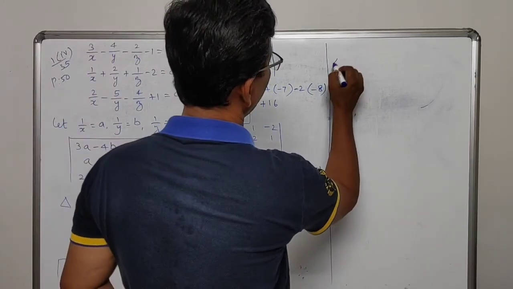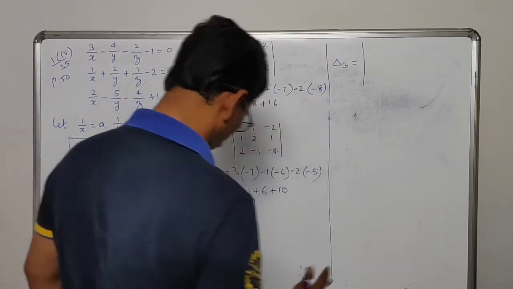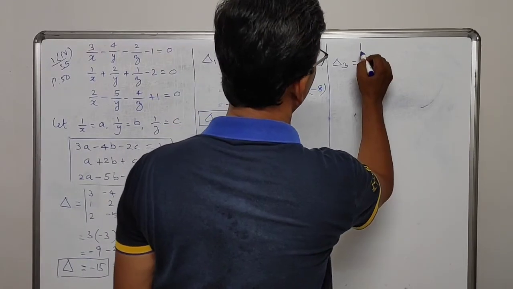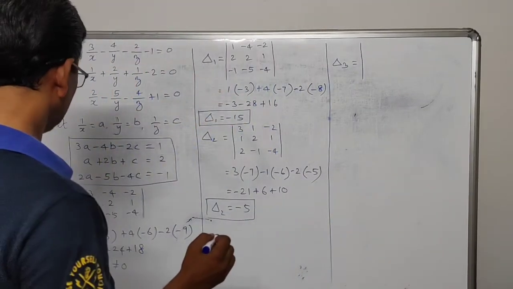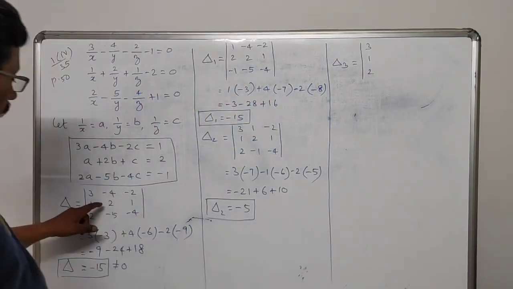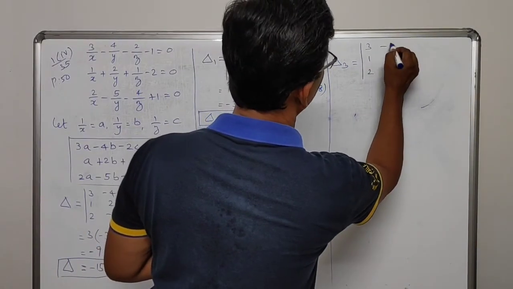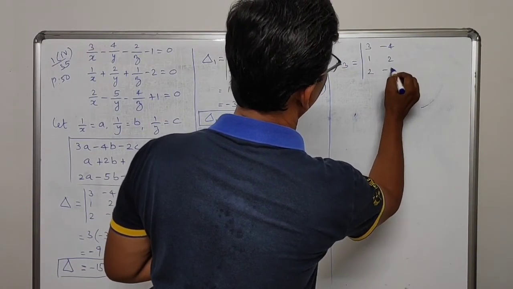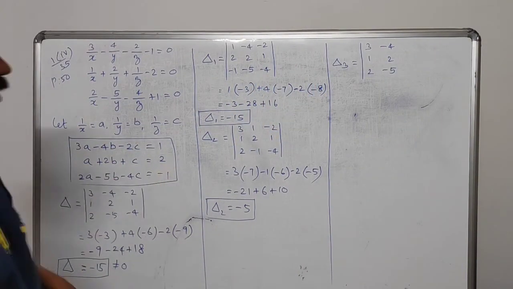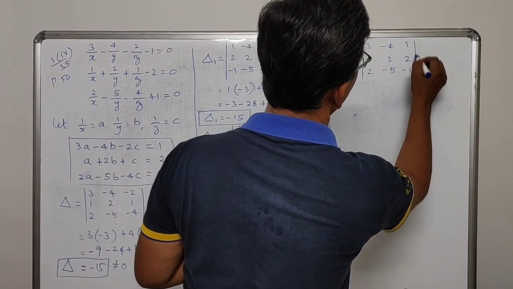Delta 3 is the determinant obtained by replacing the third column of the delta. See, first column 3, 1, 2. Second column minus 4, 2, minus 5. The third column is replaced by the constants 1, 2, minus 1.